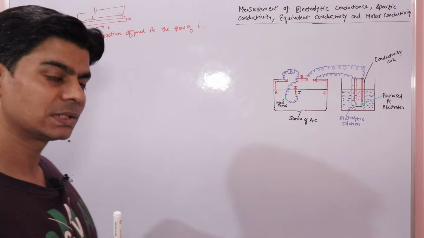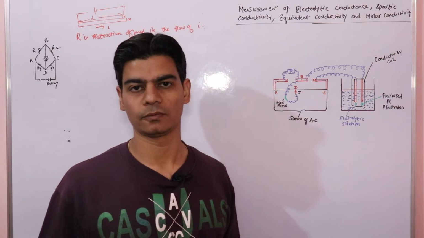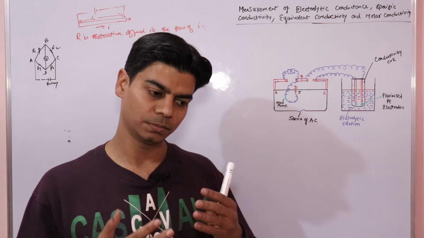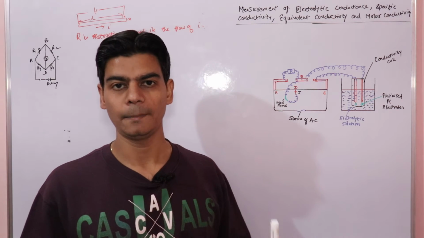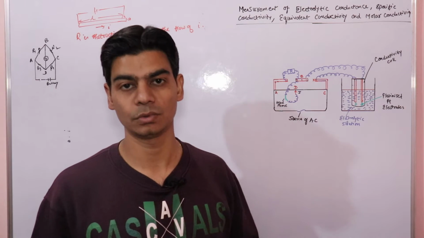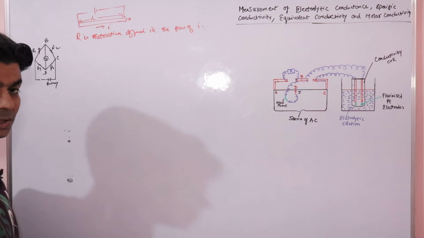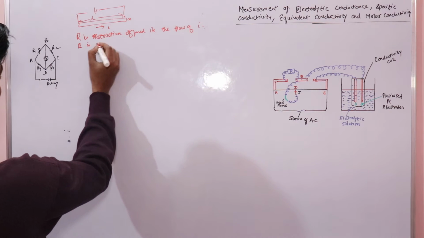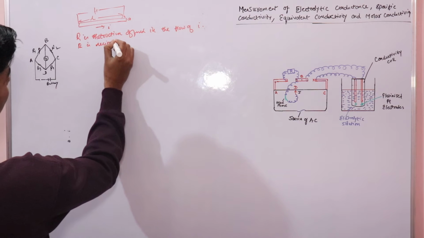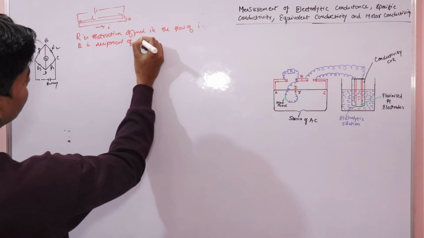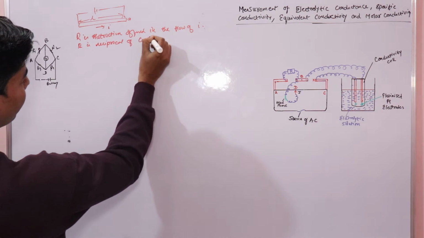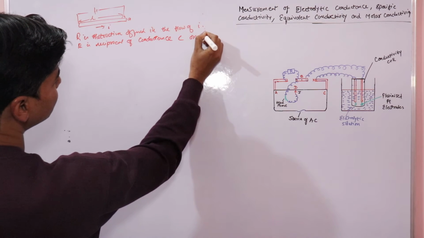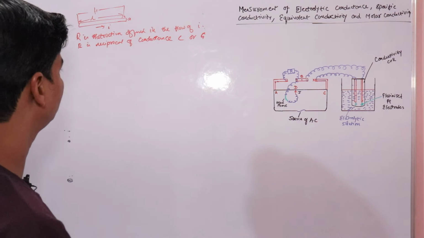Resistance and conductance are reciprocal of one another, because conductance is the current conducted by the conductor, and resistance is the obstruction to the flow of current. So resistance is the reciprocal of conductance. Conductance is denoted by C, or in chemistry sometimes by G.